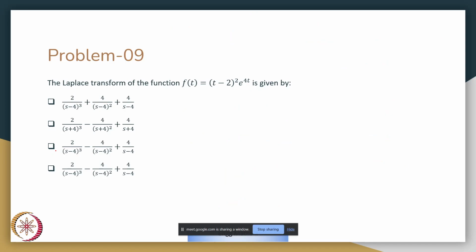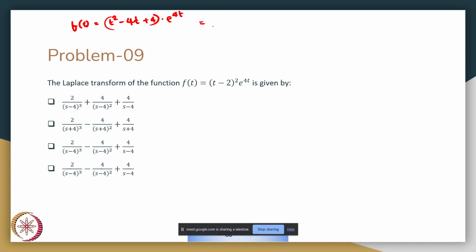Now we are asked to calculate the Laplace transform of this particular function, (t minus 2) whole square into e raised to 4t. And how do we do that? I'll just expand f of t to be (t square minus 4t plus 4) into e raised to 4t.